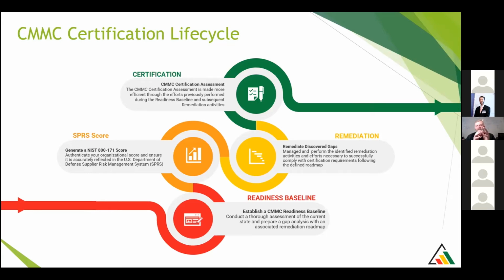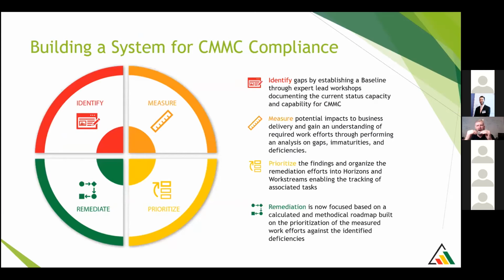Well, Dave, the first thing you want to do, and go ahead to the next slide if you don't mind, is identify, and James was talking about this, understanding where that baseline is, understanding where the organization is, understanding what those gaps are, what is the capacity and capability of achieving that CMMC.